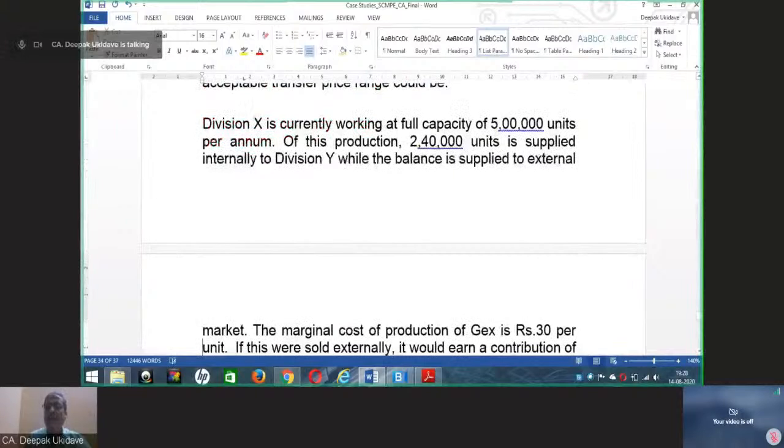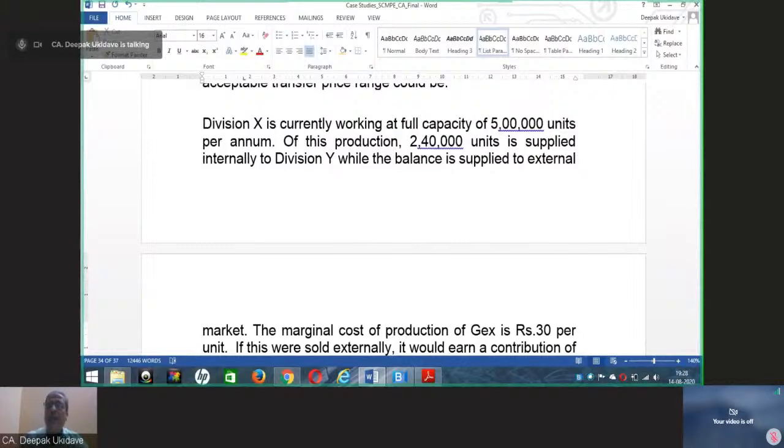We all have understood the minimum transfer price to be charged by a selling division when its hands are full, when it is operating at full capacity, is equal to its marginal cost plus opportunity cost. You remember the formula? Marginal cost of making plus opportunity cost. That will have to be recovered because hands are full. So in the current scenario, 5 lakh units are being produced.